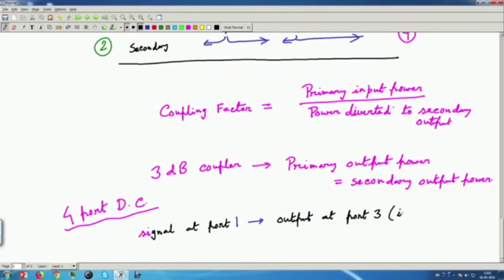How much power will I get? That input power minus power diverted to secondary.